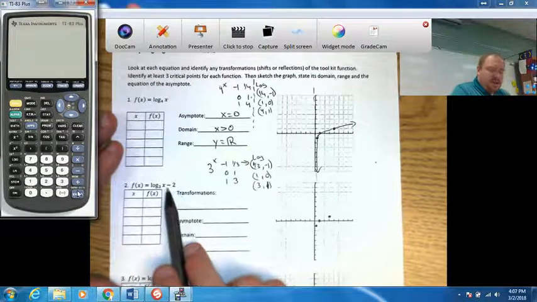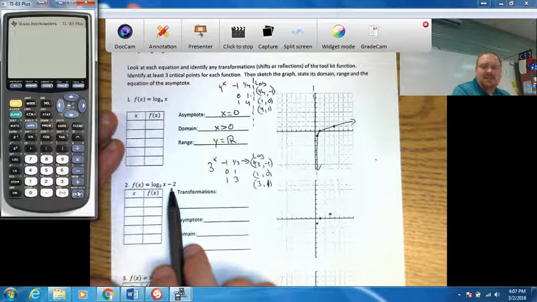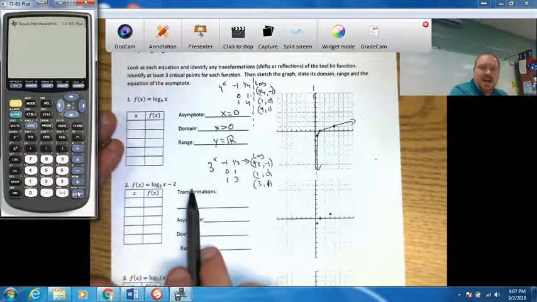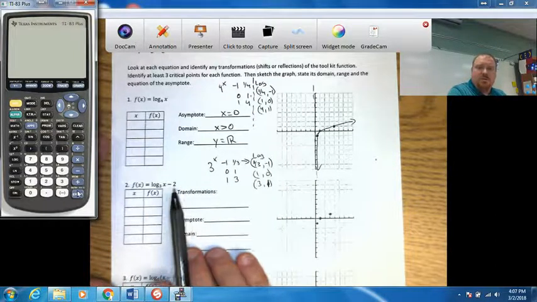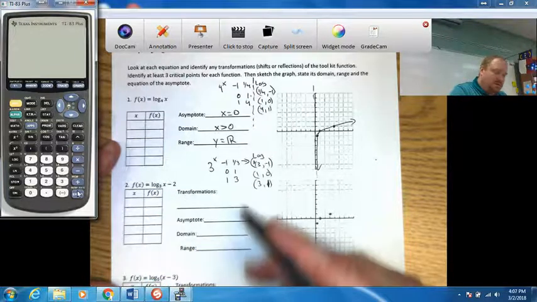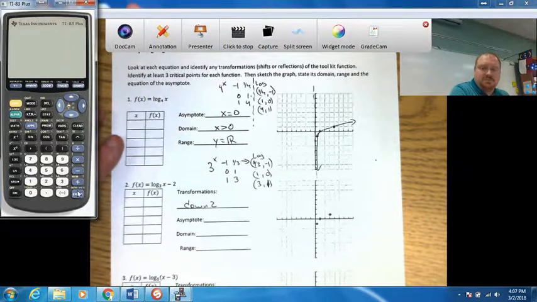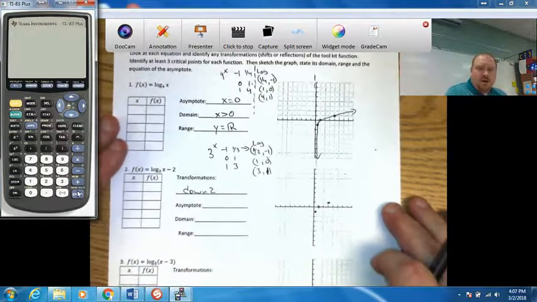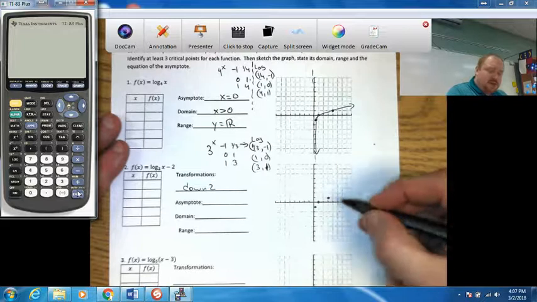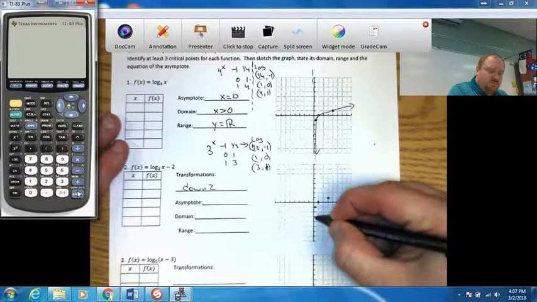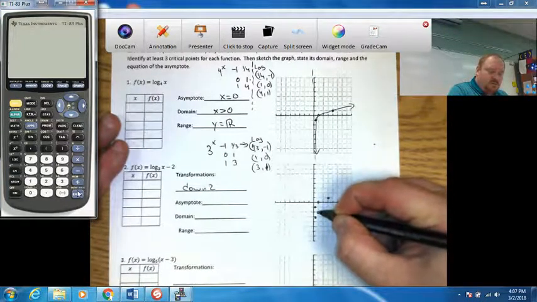But because this is not in parentheses, this is considered to be behind and outside the logarithm, which means this is a vertical shift. So it's down 2. So all I'm going to do with these points is move them down 2.